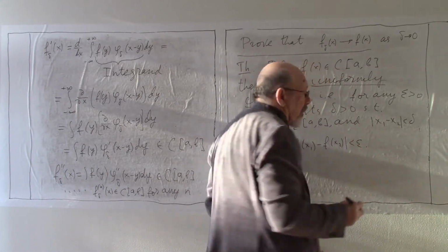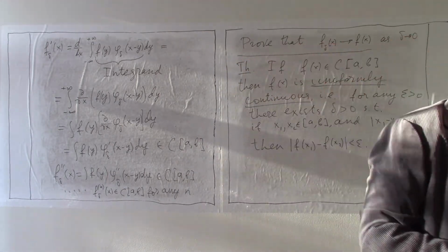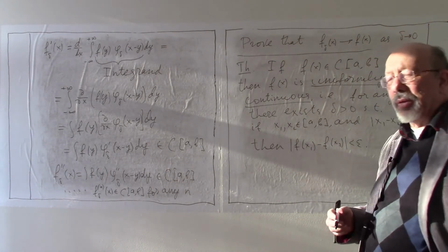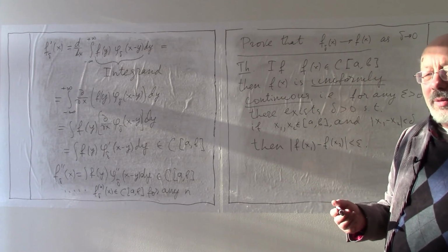This is the definition of a uniformly continuous function. It is a bit stronger than the function being continuous at every point.